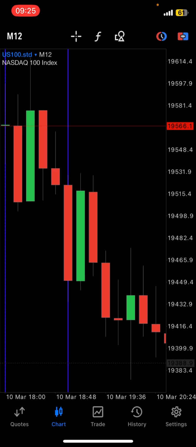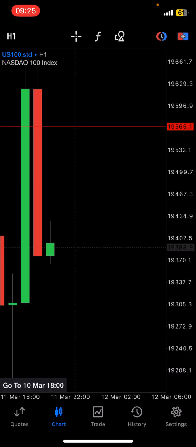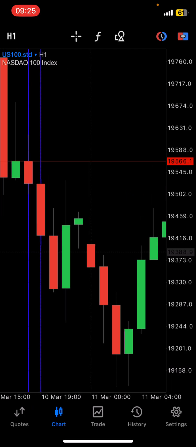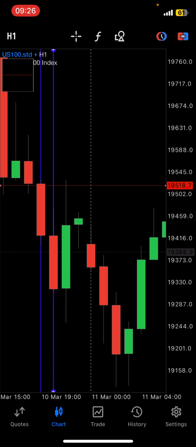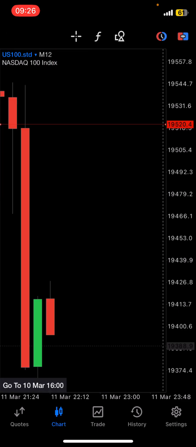So now we go to the next hourly interval, which is going to be which one? This one, right? It's opening up right there. Let's go to the M12.